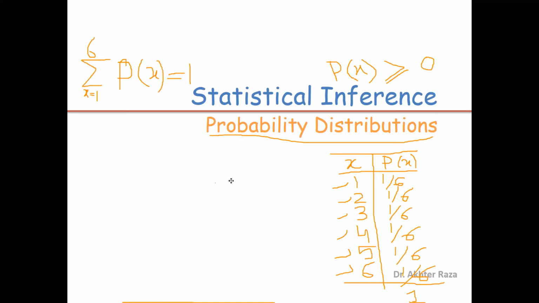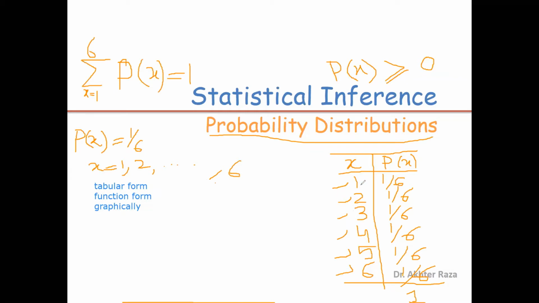The same distribution can be represented by a function as f(x) or p(x) is equal to 1 by 6, because it is a uniform function, and all values of x are what? x is equal to 1, 2, 3, and so on up to 6. This is the functional form of the same distribution.